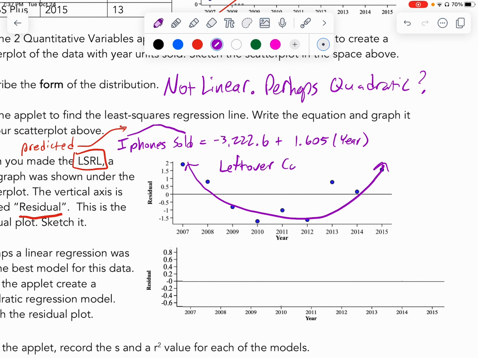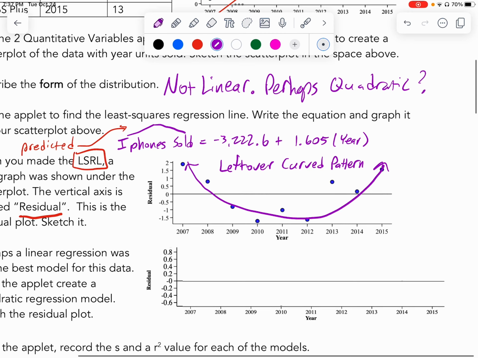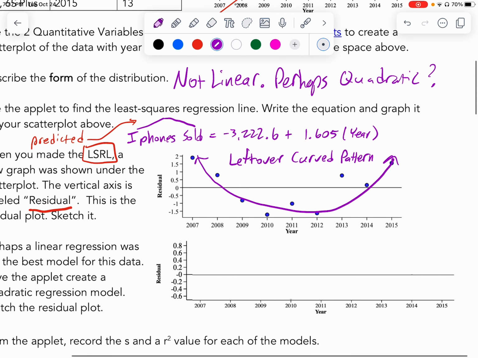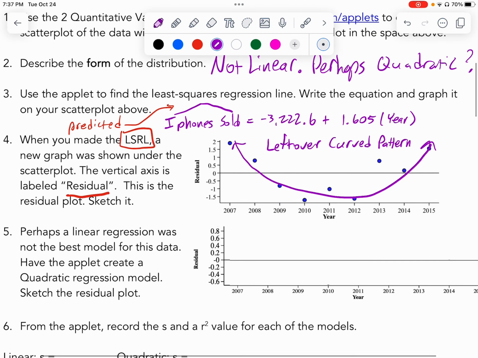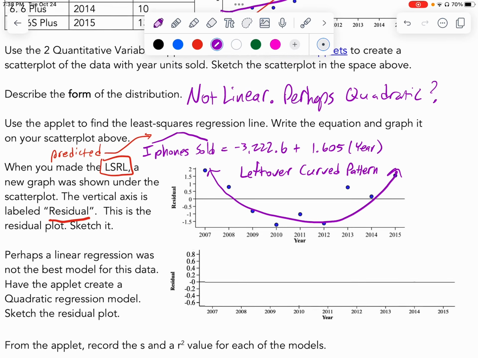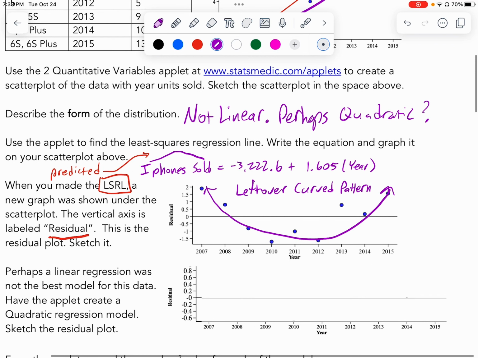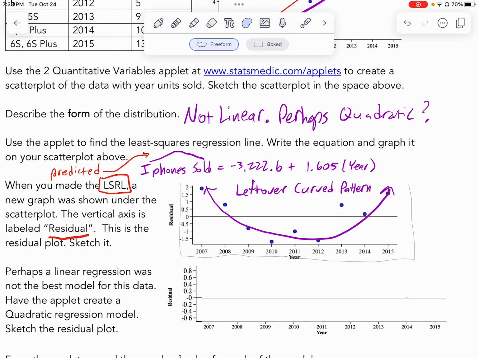It's still a leftover curved pattern. Okay. So what that means, when that happens, you need to understand that a linear regression, a linear model, is not the best choice. Okay. Let me show you this. I'm gonna screenshot this residual plot and kind of make a connection for you.